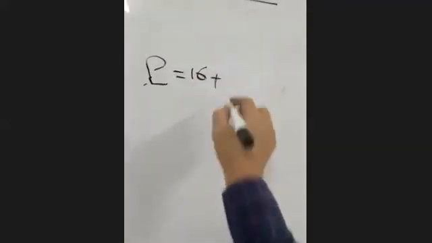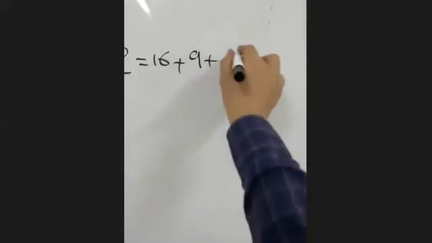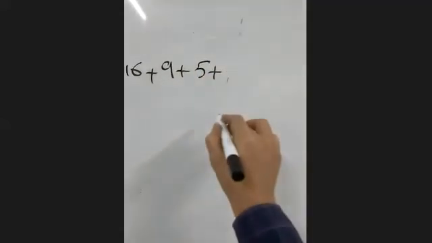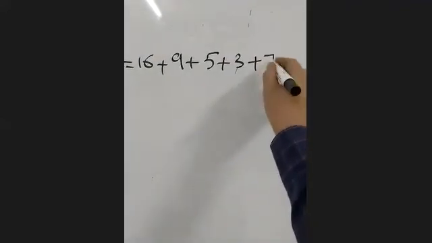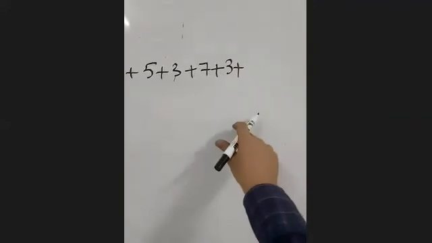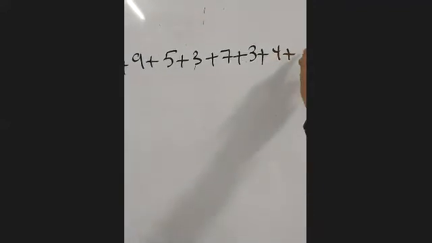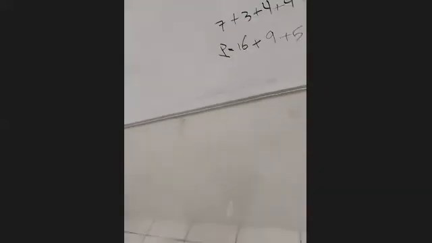P equals 16 plus 9 plus 5 plus 7 plus 3 plus 4 plus the last one. The last one, 9 or 6? No, 9. Sorry, it's 9.